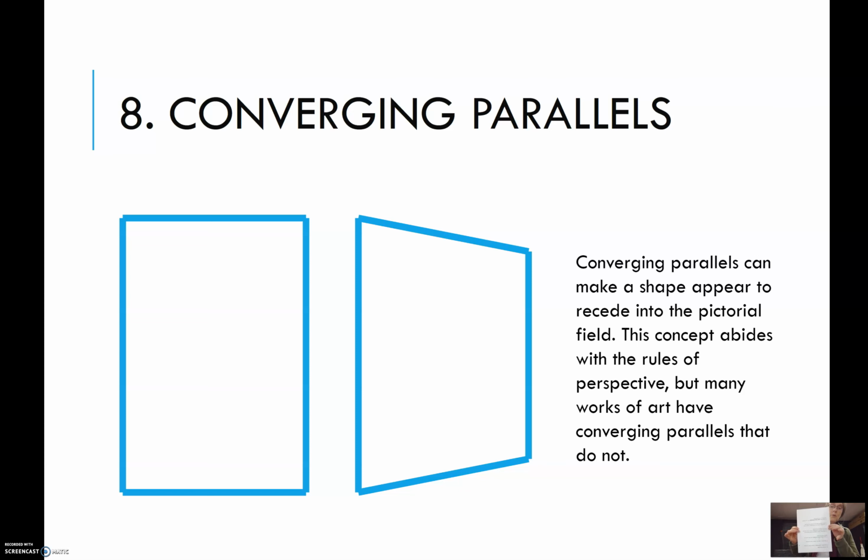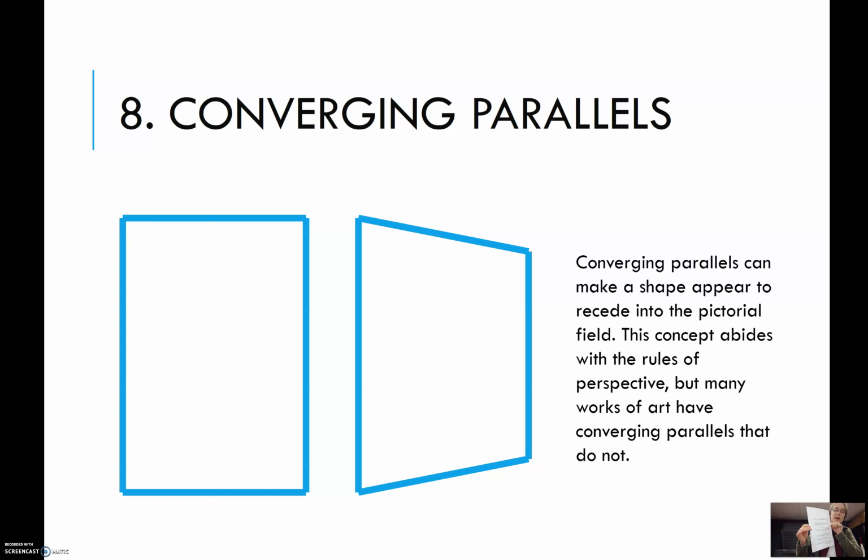But then when I pull one edge back, you can see the top and the bottom lines become orthogonal, also known as diagonal. So this is an example of converging parallels.